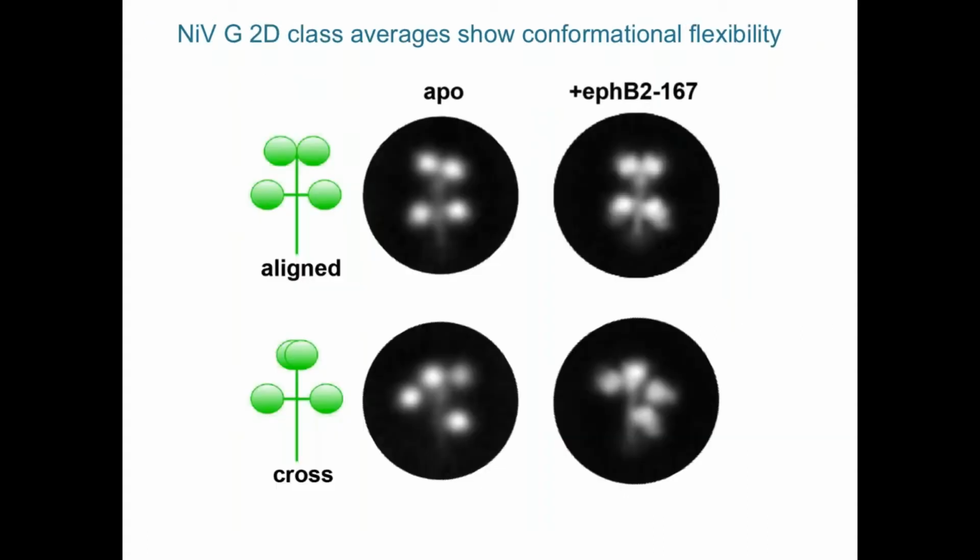There is a range of conformations for the pairs of globular domains with respect to each other, and the two extremes illustrated here are designated the aligned and cross conformations. Both are present in Nipah-G with or without FNB2.